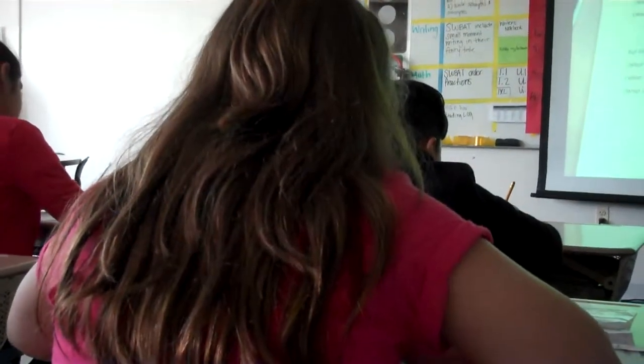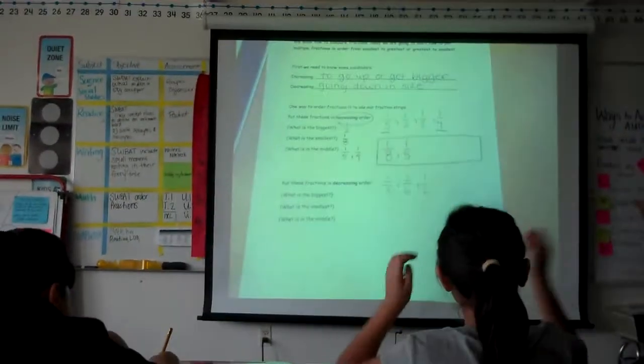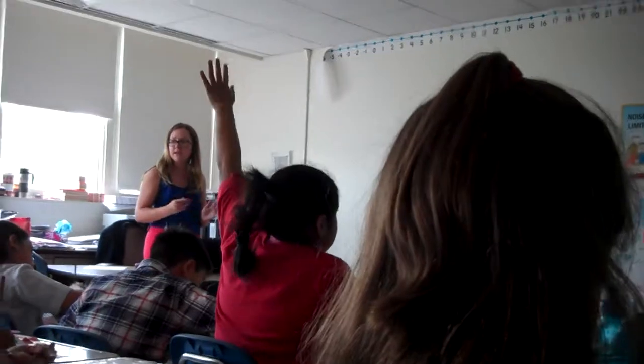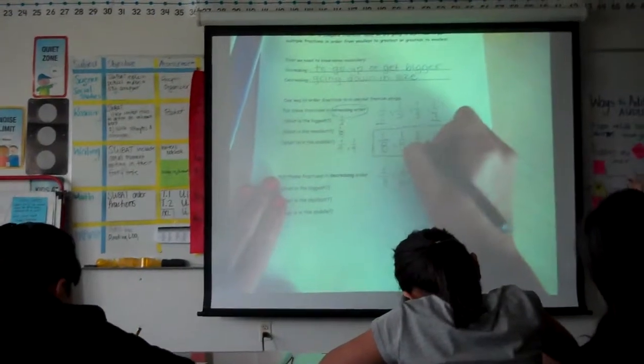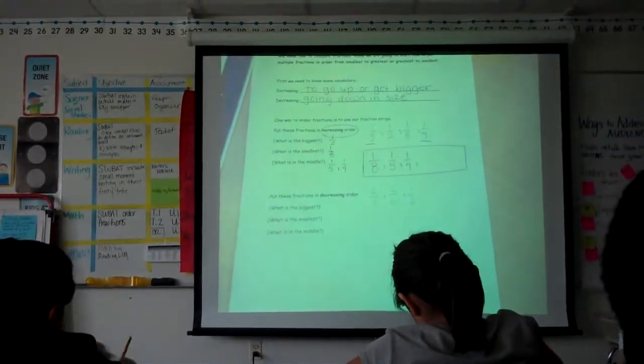It could be 1/5. 1/5 would come next. Now we're getting to a fraction that's even a little bit bigger than a fifth. What would that be? Melanie? 1/4. And what's the largest fraction out of the 4 we started with? Sophie? 1/2.